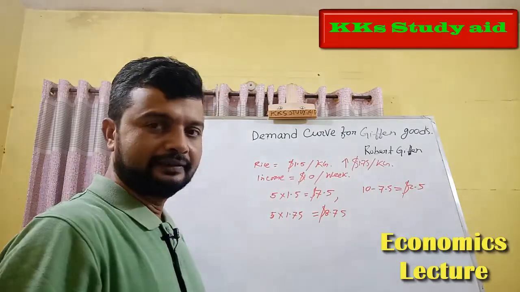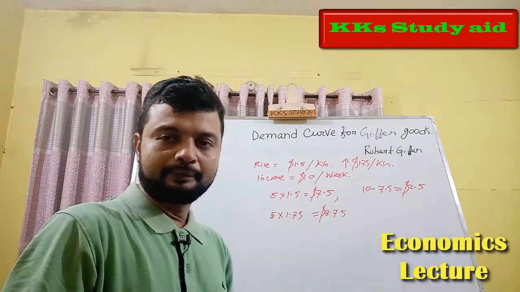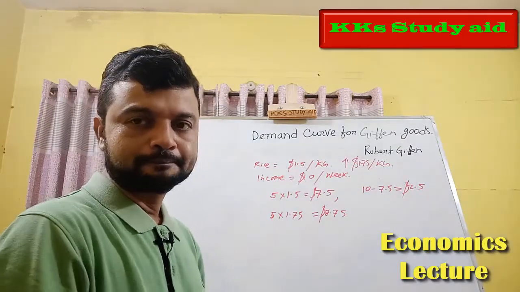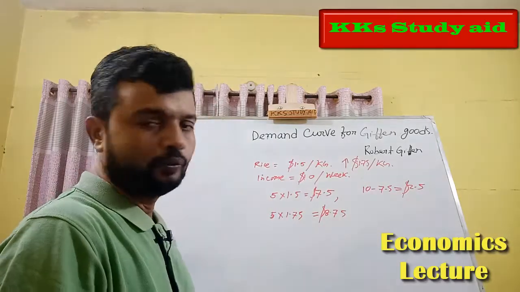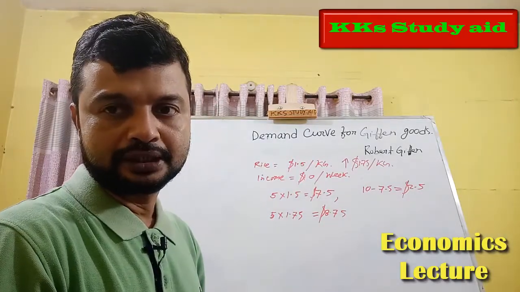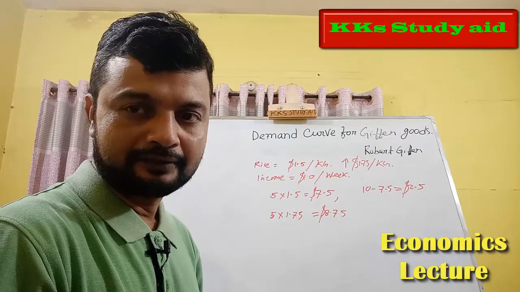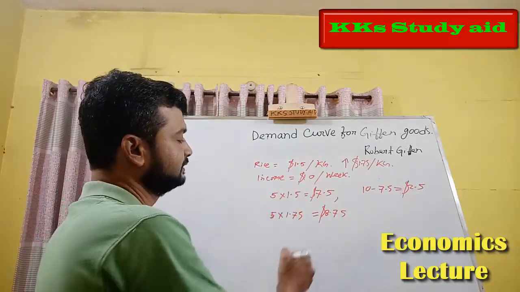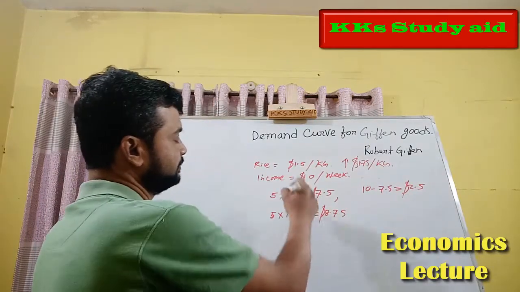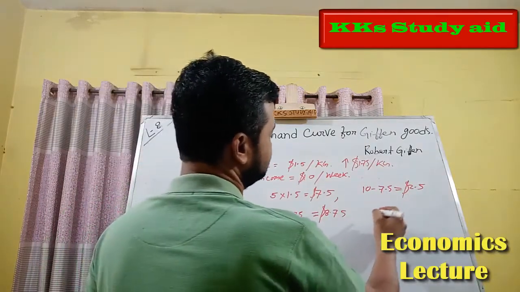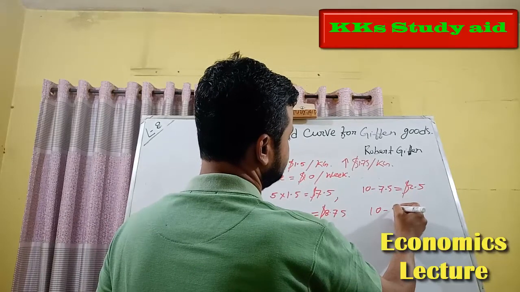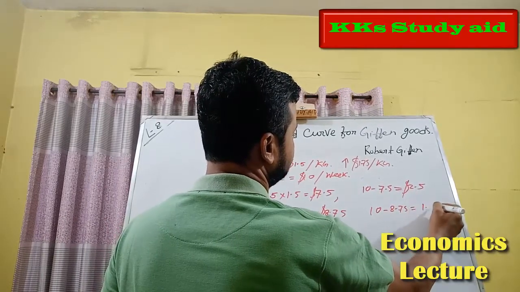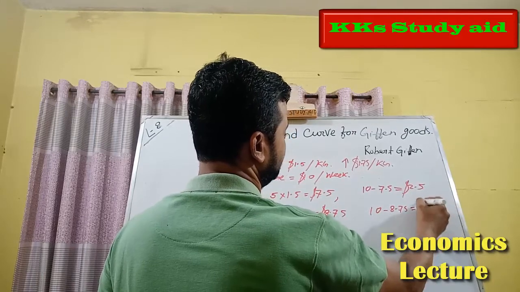So what we see here is that whatever the price of the goods, people will purchase the same quantity of their basic staple foods. For this reason, when the price rises, this person is left with only 10 minus 8.75, that is $1.25.